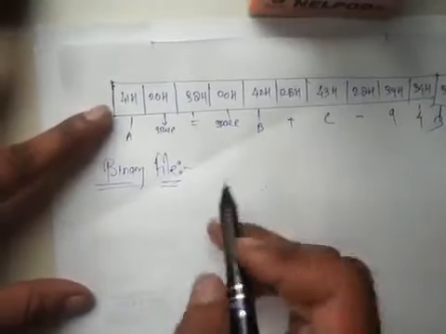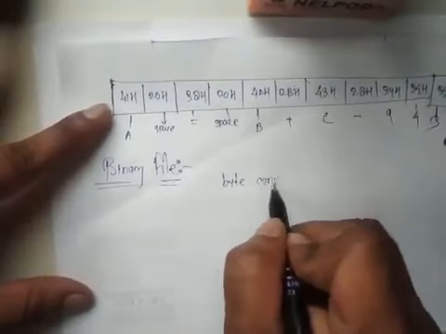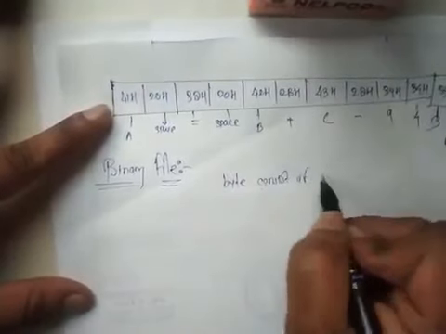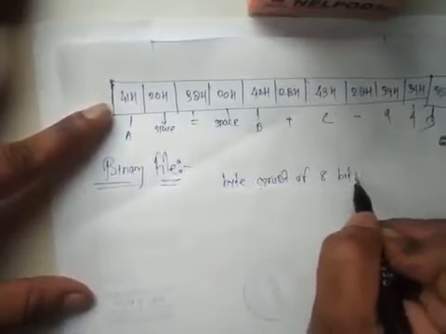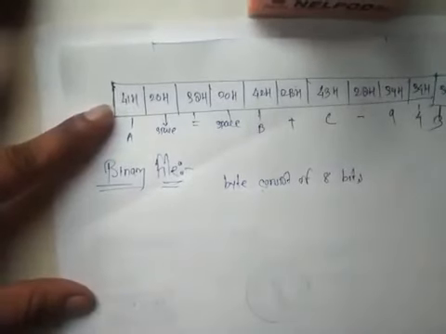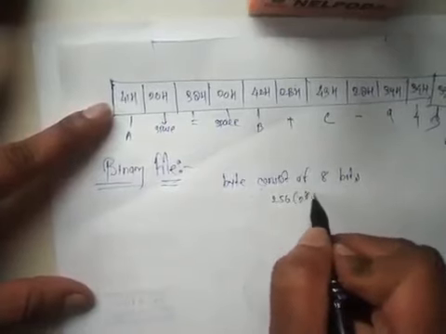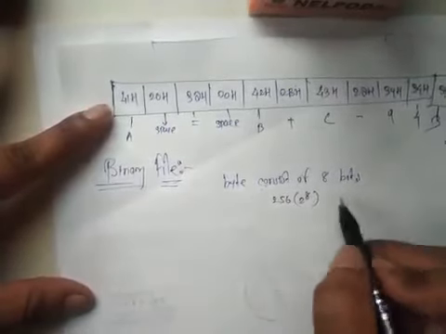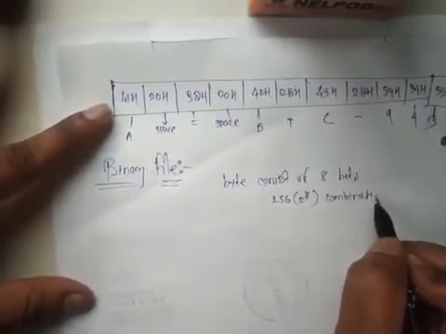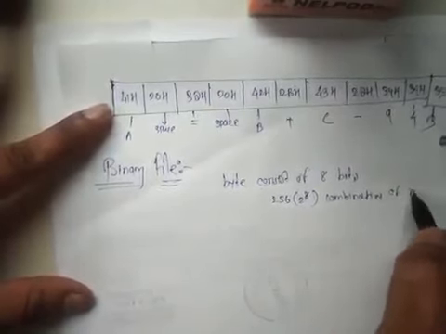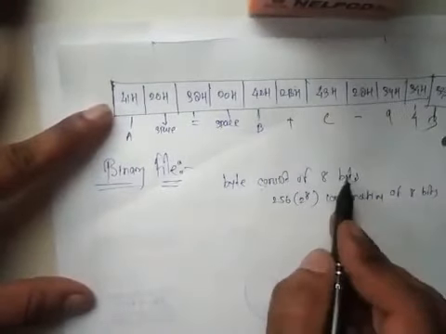Basically we know that a byte consists of 8 bits, so we can have a total of 256, that is 2 raised to 8, combinations of 8 bits.